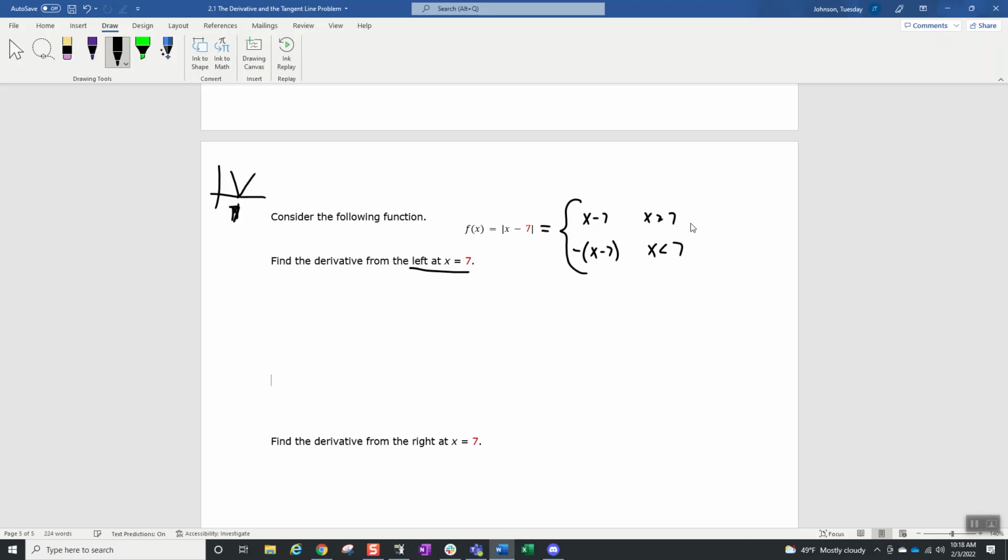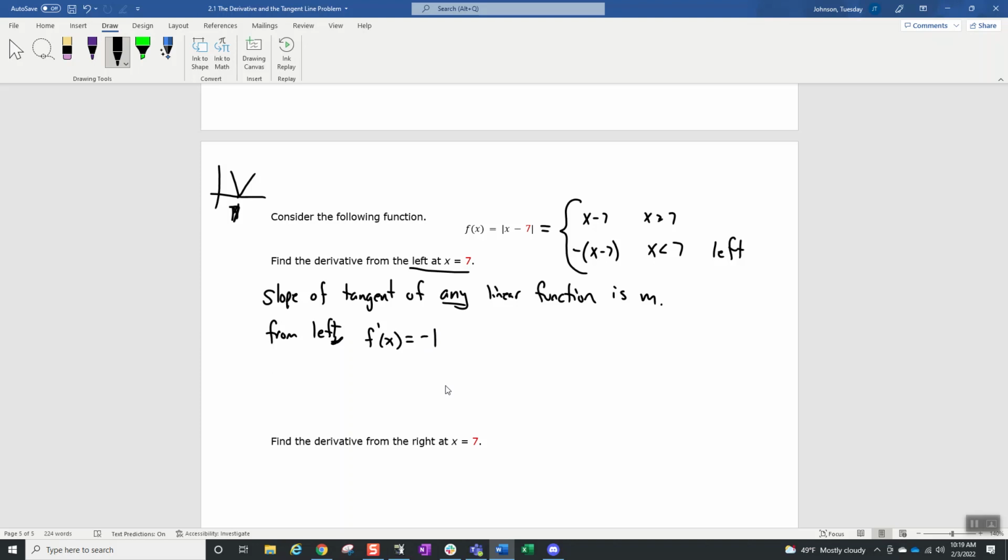So now from the left, left is less than, so it's just the slope. Remember, the slope of the tangent of any linear function is m. So from the left, f prime of x is equal to -1.